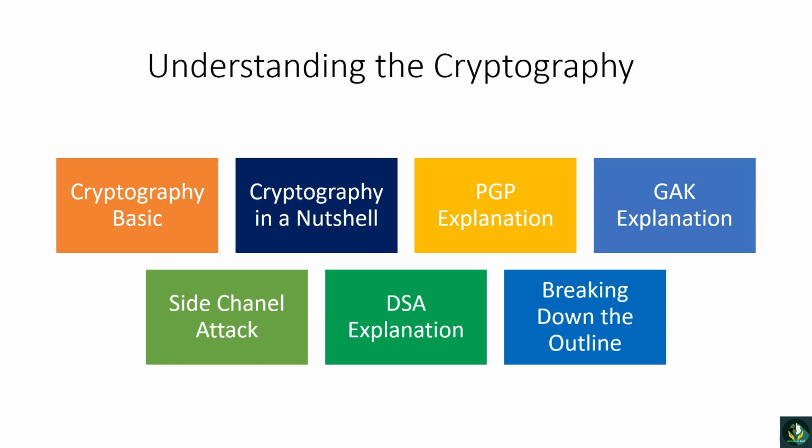After that, we're going to learn about side channel attacks. Then the DSA explanation, which is the Digital Signature Algorithm. So we're also going to explain that, and after that we are just going to break down the outline at the end.